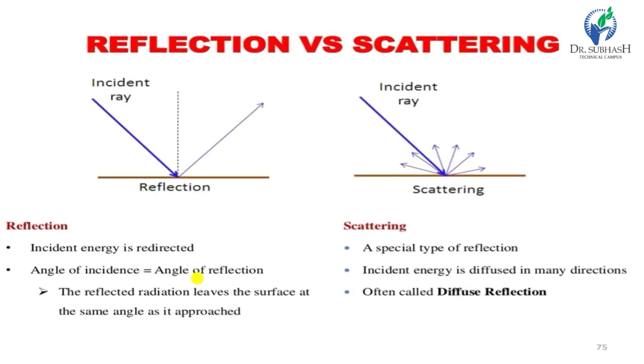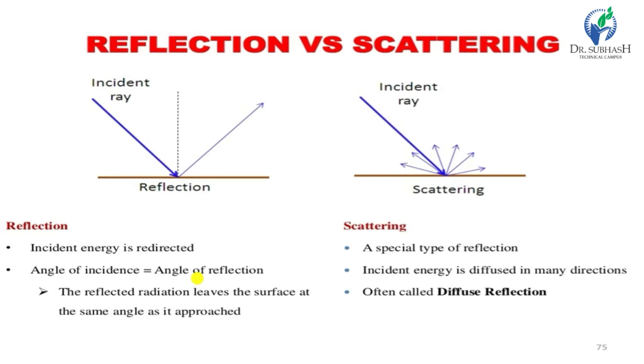Now, reflection versus scattering. Here is the difference. In reflection, all the incident energy is redirected. Scattering is a special type of reflection, because the incident energy is not redirected into one direction. It is redirected into many directions, which is called diffuse.